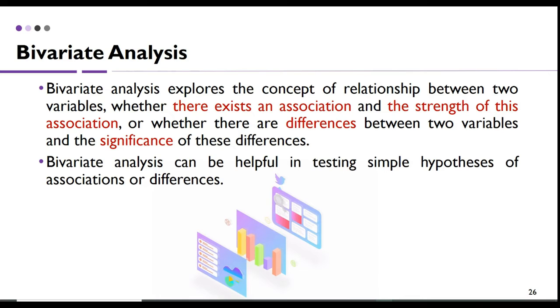As we have just discussed earlier, bivariate analysis explores the concept of relationship between two variables, whether there exists an association and the strengths of that specific association or relationship, or whether there are differences between two variables and the significance of these differences. So bivariate analysis can be helpful in testing simple hypotheses of relationships or differences.